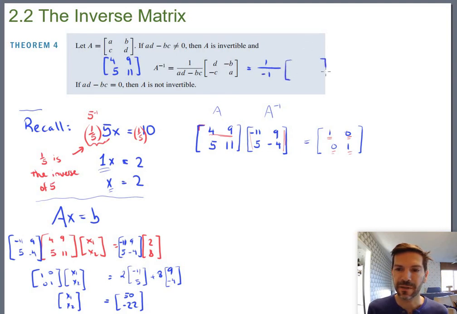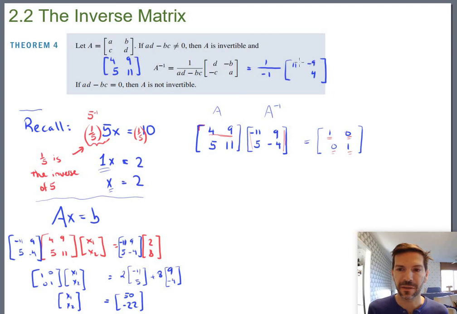And then the rest of the inverse should be swap the main diagonal. So 4 and 11 go to 11, 4. And just change the sign on the off diagonal. So don't move the B and C, just change their signs.